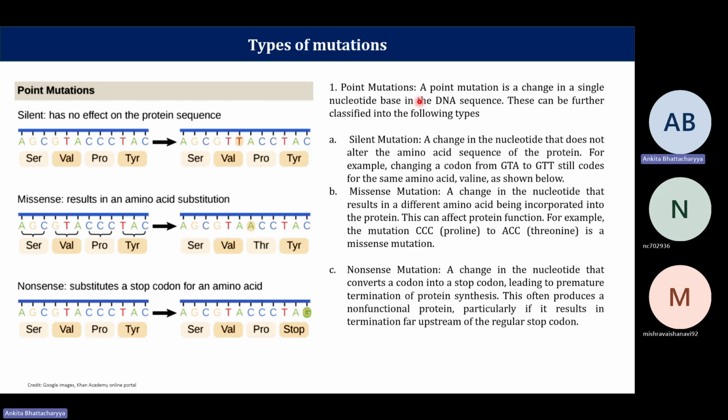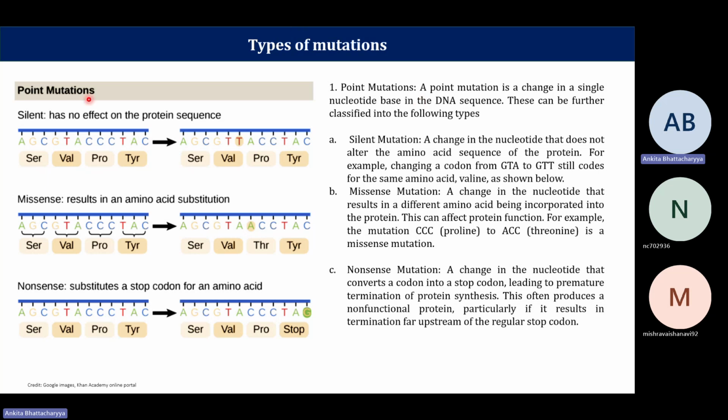So under point mutations, you have a change in a single nucleotide base that would be recognized as one single base mutation or a point mutation, which can be further classified into either a silent, missense, or nonsense mutation. What is silent mutation? Basically, sequence mutations where you do not have an altered protein sequence or an altered amino acid sequence, that is a silent mutation.